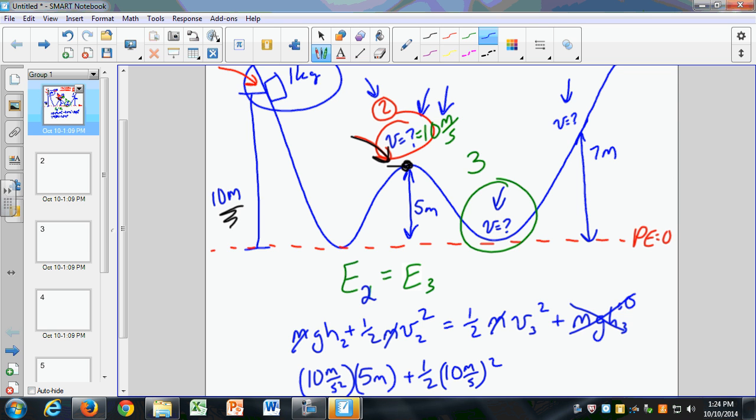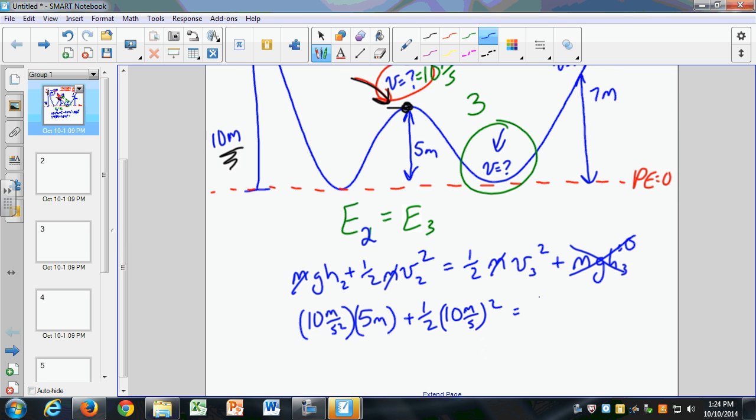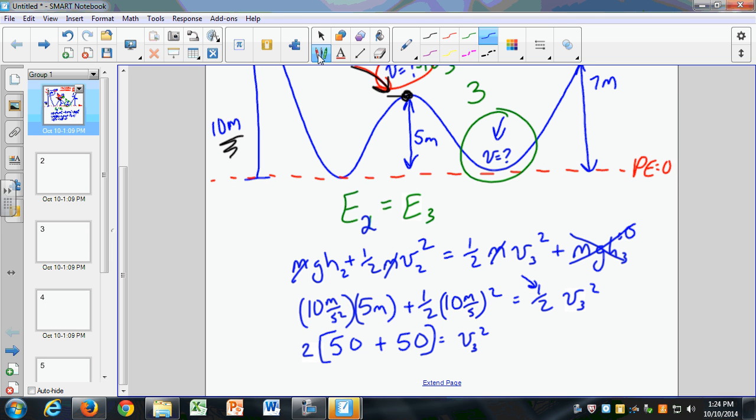That's the velocity at the top, is equal to 1/2 v3 squared. 50 plus 50 equals 1/2 v3 squared. I'm multiplying both sides by 2 now to get rid of this 1/2. And so v3 is going to be the square root of 200, which we already know, but that's equal to 14 meters per second.